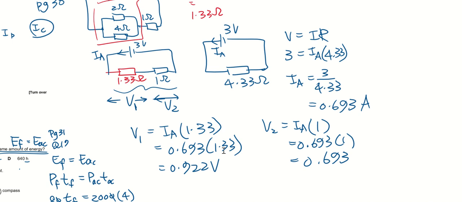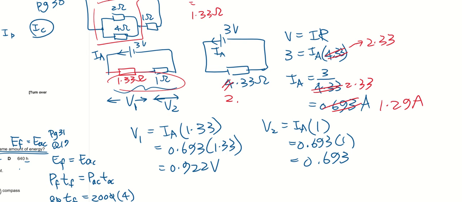Okay, I realize I made a mistake because these 2 resistors in series is not equal to 4.33, it's actually equal to 2.33. So let me amend this. It becomes 2.33, and therefore my IA is 3 divided by 2.33. Therefore the answer is 1.29 ampere.